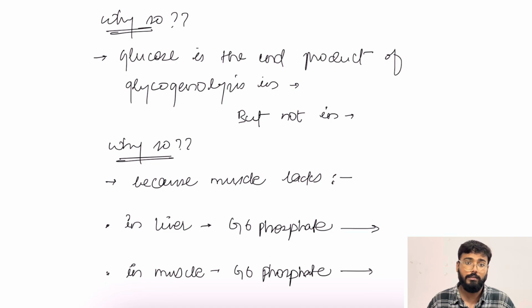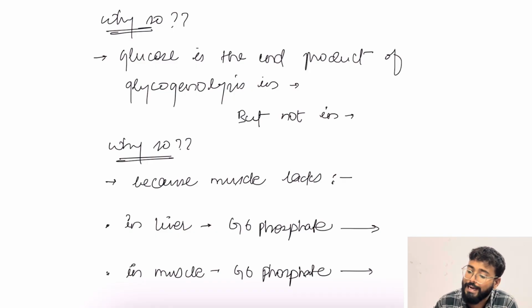And this process doesn't occur in case of your skeletal muscle, because skeletal muscles lack this enzyme. So what happens, this glucose 6 phosphate then enters glycolysis, and further it forms lactic acid, thereby releasing 3 ATPs, which is utilized when the person is exercising.